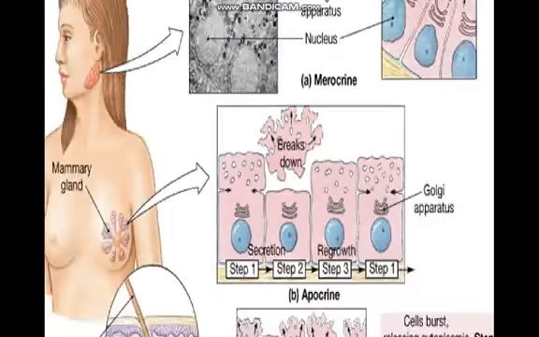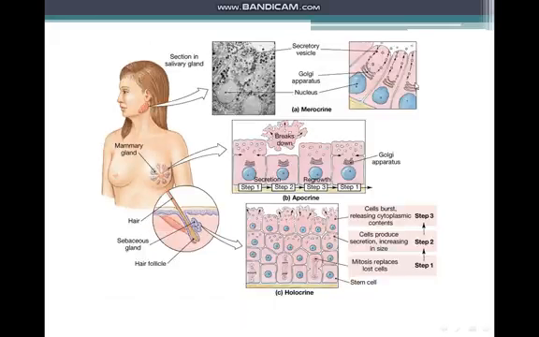We have examples for the eccrine, in which the cells secrete the secretory product without losing any part of the cells, such as in the parotid gland, and we have the mammary gland as an example of apocrine secretion, in which the cell loses its apical region including the cytoplasm and the cell membrane, and the holocrine secretion, such as in the sebaceous gland, in which the whole cell bursts to release its contents.